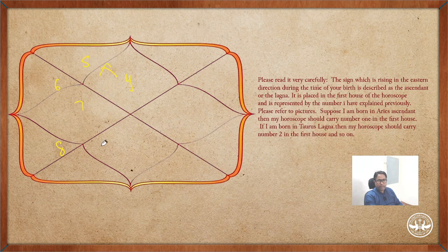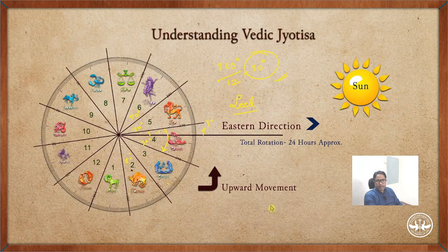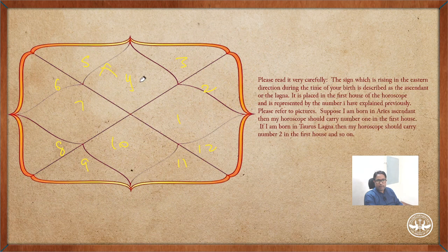It's not necessarily 4, it can be any rashi which is rising at that point of time. So whatever rashi is rising over here is placed at this position. This is understood as lagna in astrology.